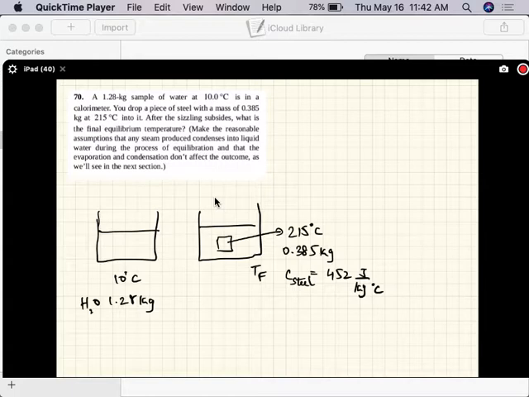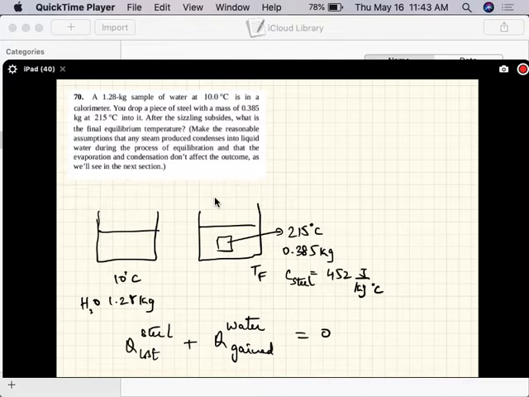All right, so heat lost by steel plus heat gained by water equal to 0. So if the steel loses 50 joules of heat, the water gains 50 joules of heat.